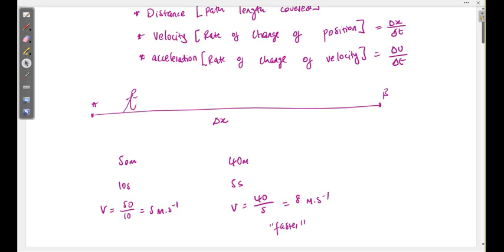So acceleration is how fast you're changing your velocity. If you're accelerating, it means you are increasing your velocity. If you're decelerating, or accelerating in the negative direction, it means you are decreasing your velocity. So that is what acceleration is all about.